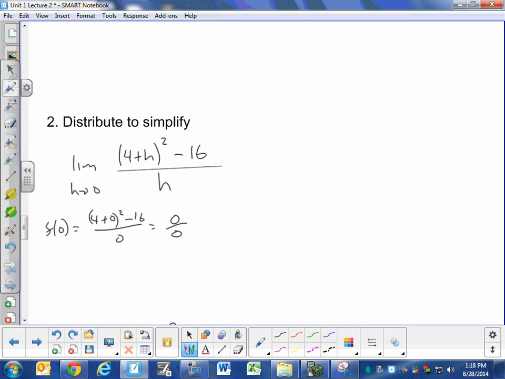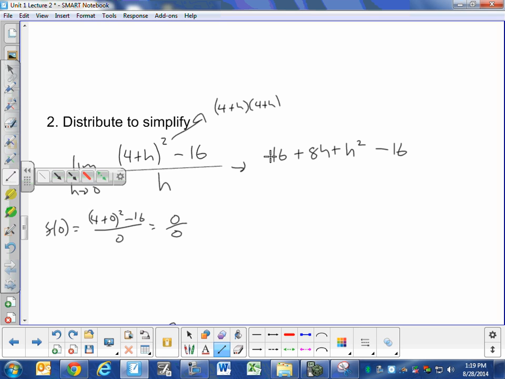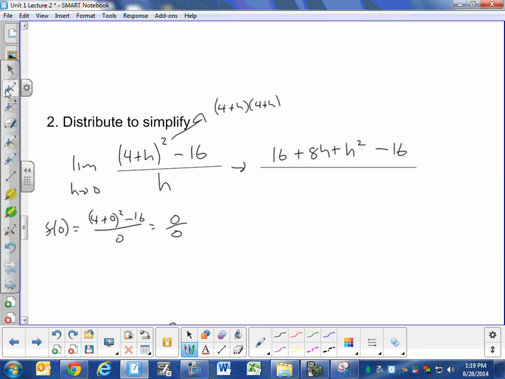So what we'll do is we'll try to distribute, and maybe that'll help us simplify our function and get rid of our problem child, which is this h. Distribute 4 plus h. Make sure we know that it's not 4 squared plus h squared. If I need to square 4 plus h, it's 4 plus h times itself. We get 16 plus 8h plus h squared minus 16, all divided by h. Now we notice something.